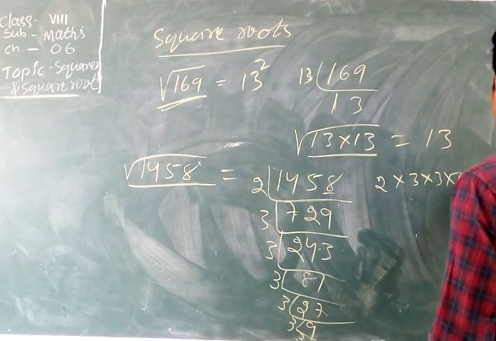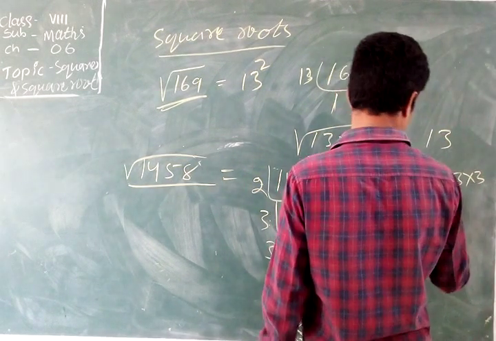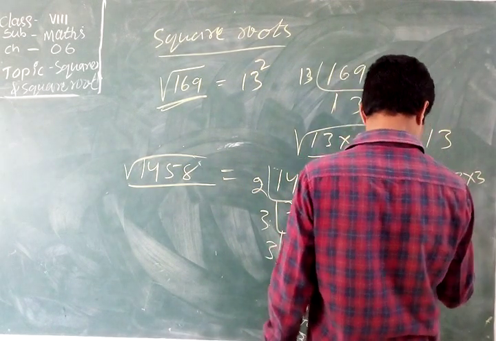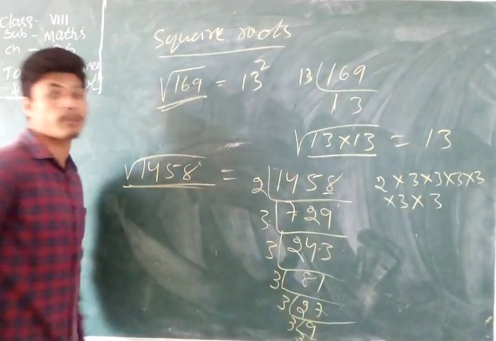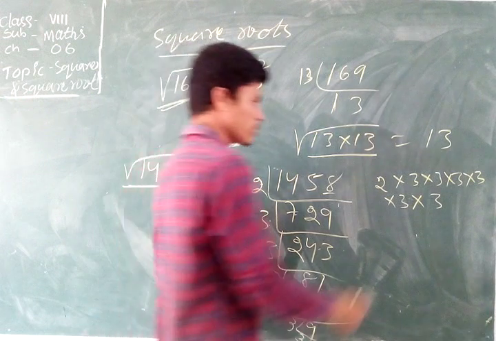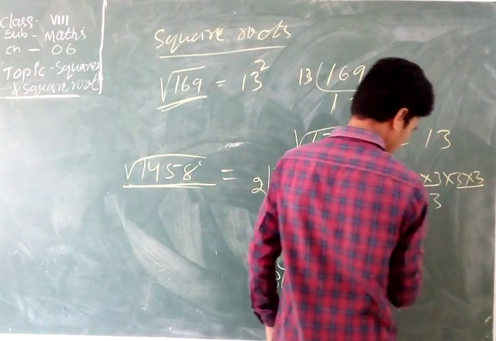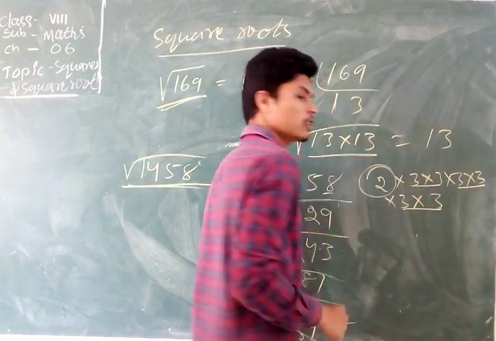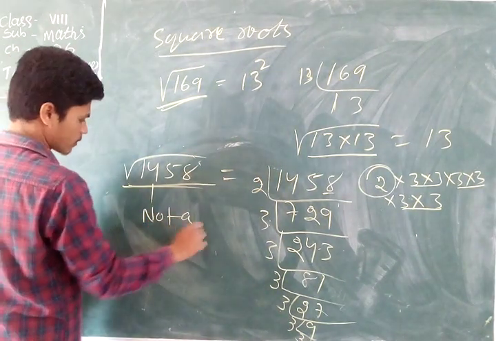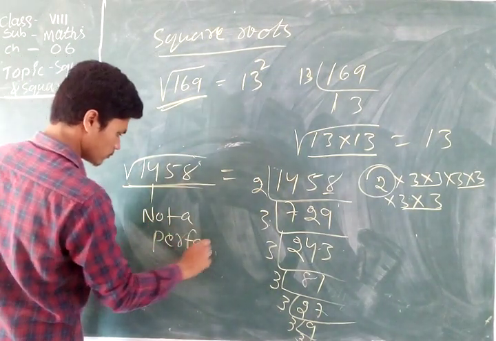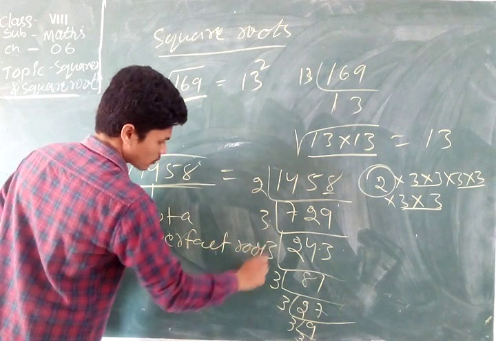Then 1458 is not a perfect square. Why not a perfect square? Because when we combine the numbers in pairs, 2 is left. That's why 1458 is not a perfect square.